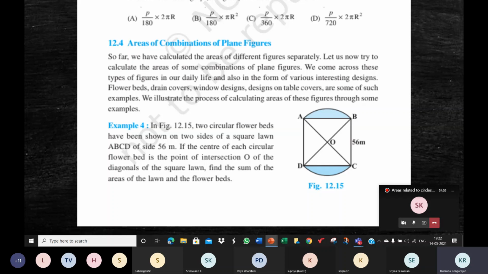How do we assume it's 90? What is that property of a square? Ma'am, square diagonals bisect each other at 90 degrees. Yes, they bisect each other. That means O is the midpoint of AC and BD at right angles. So all those four angles around O measure 90 degrees.